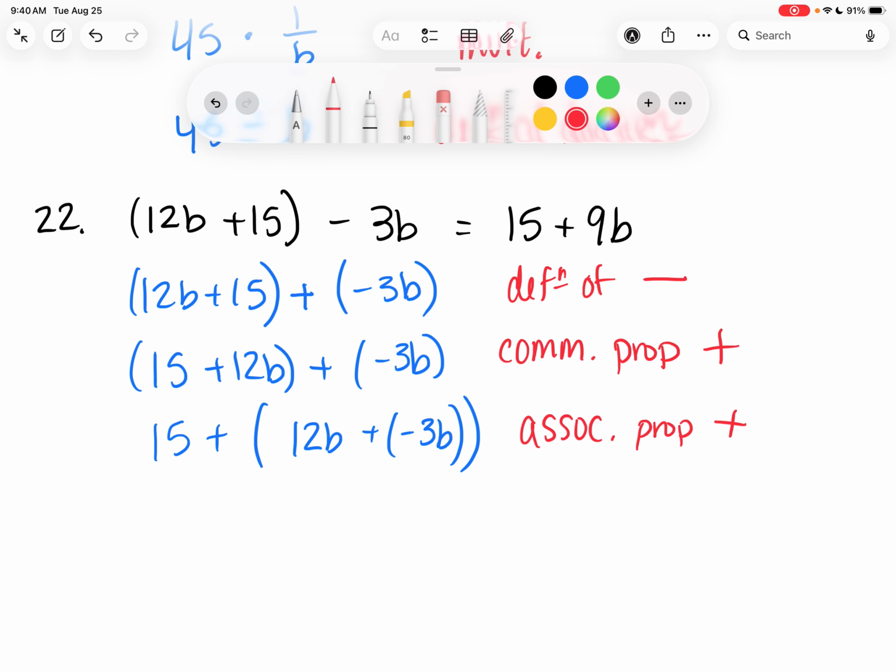And then finally, I can now combine this over here, and so I get 15 plus 9b, and our reason for that is just combine like terms.